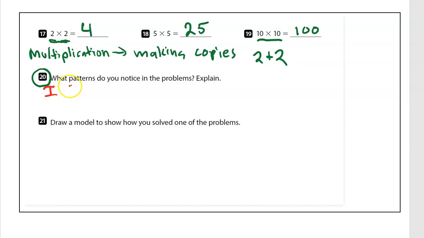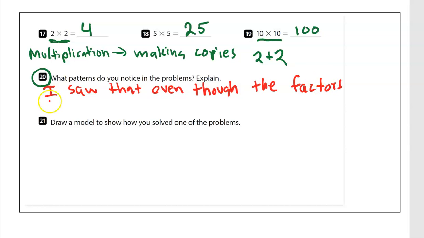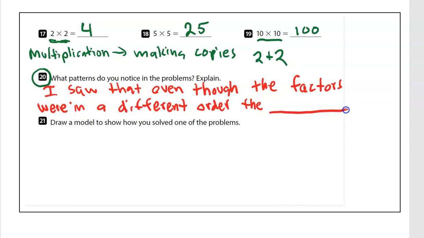I saw that even though the factors were in a different order, the blank was the same.